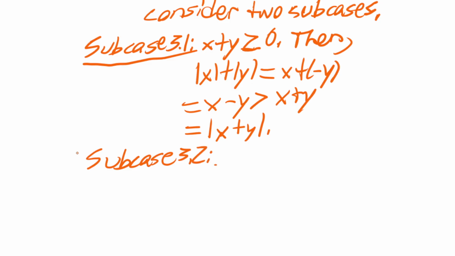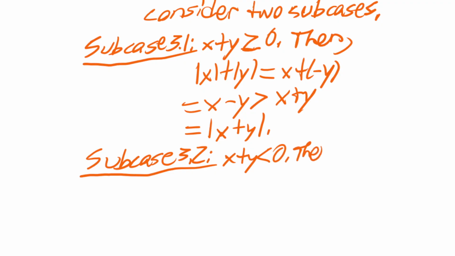And now let's look at the next subcase, subcase 3.2. So for this subcase, we have x plus y is less than 0, excuse me, strictly less than 0.